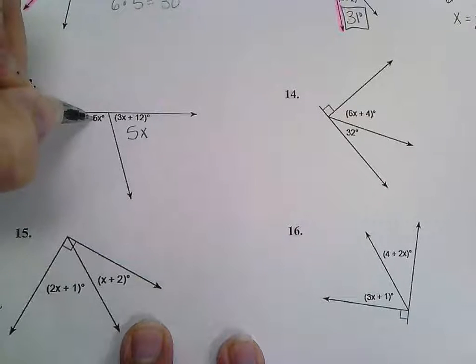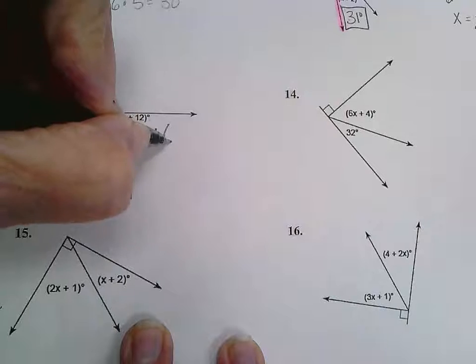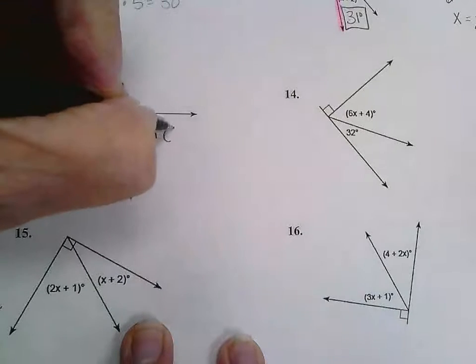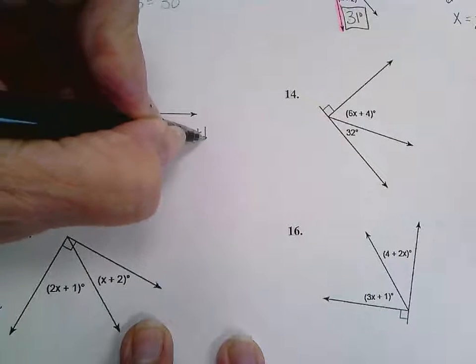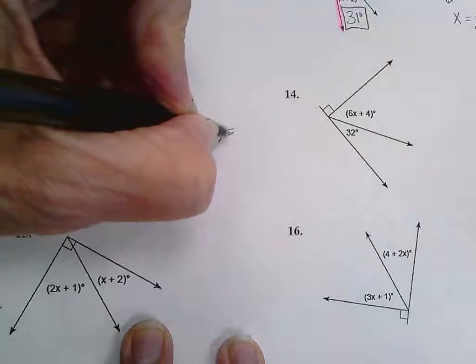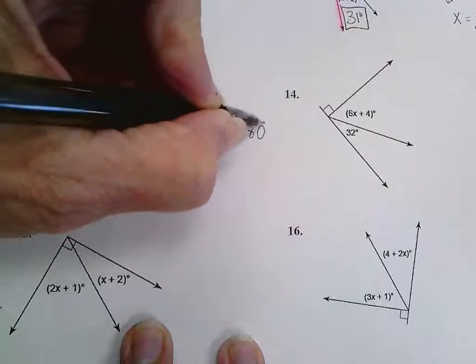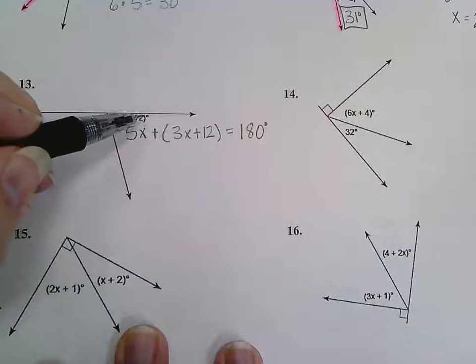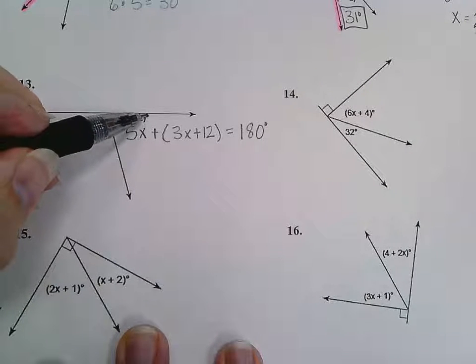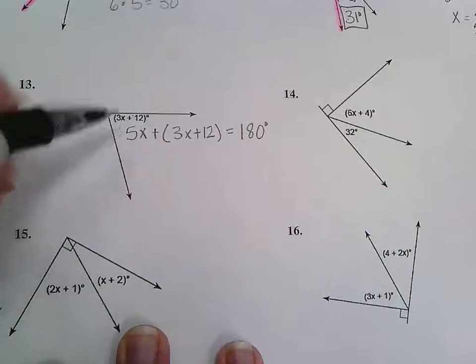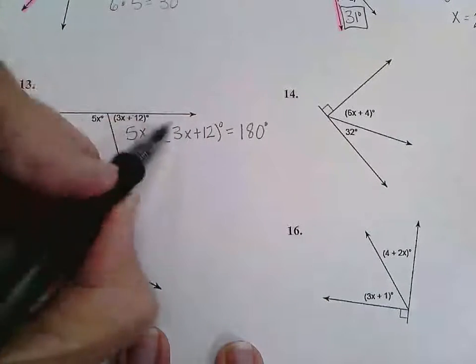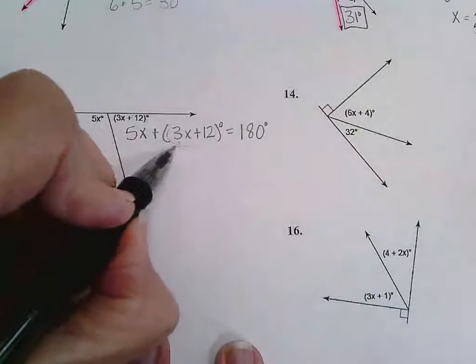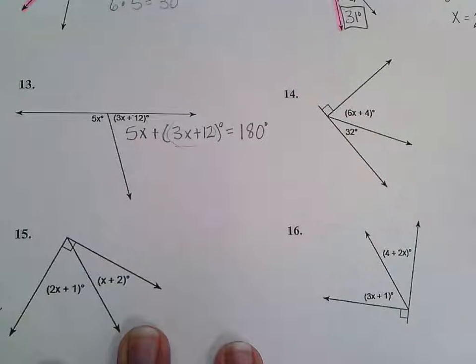So I have 5x on one side and 3x plus 12 on the other side, but all together they have to equal 180 degrees. Notice that they put the degree symbol on the outside of the parentheses because that means that when I get done doing this math inside the parentheses, that will give me my number of degrees.